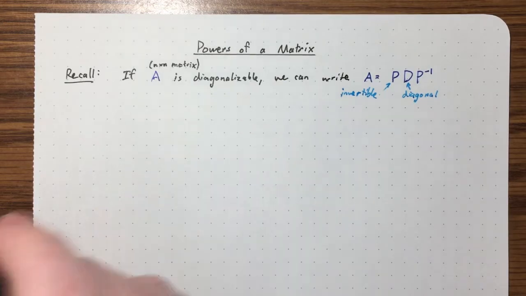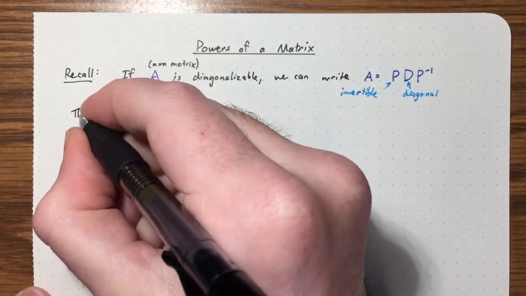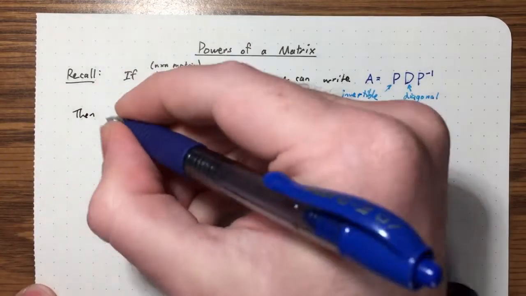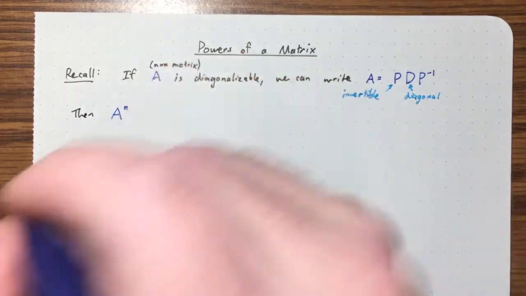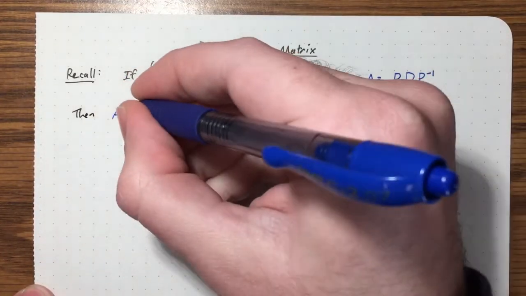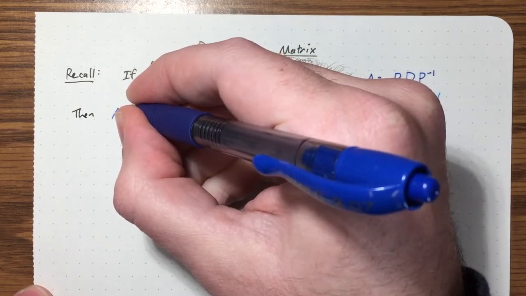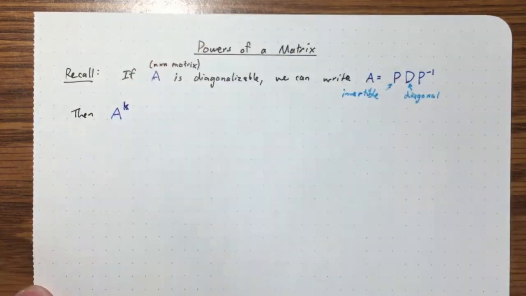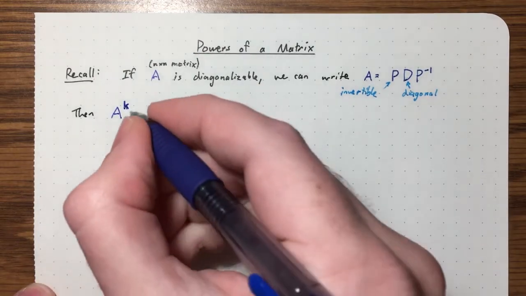Okay, so what's the big idea? Suppose we want to take a power of A. I'm calling A an n by n matrix, so let's say A to the k. So I'm taking some power of this matrix.